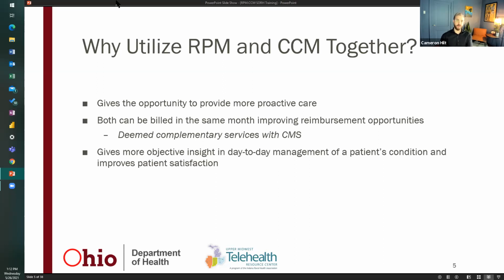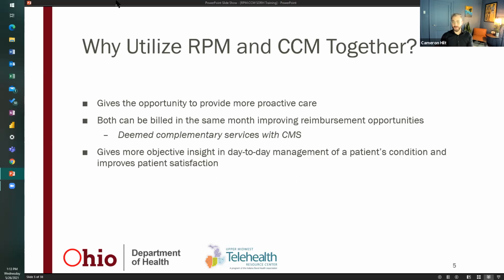If you can utilize data that you're receiving on a daily basis through a peripheral device, through remote patient monitoring, those care plans that you're making with patients when you're engaging them in CCM services can come with a lot more backing and a lot more understanding of what is going on with that patient. So it gives you an opportunity to be less reactive based off of certain things that are happening with that patient, and be more proactive to ensure that they're getting the best care plan for them.